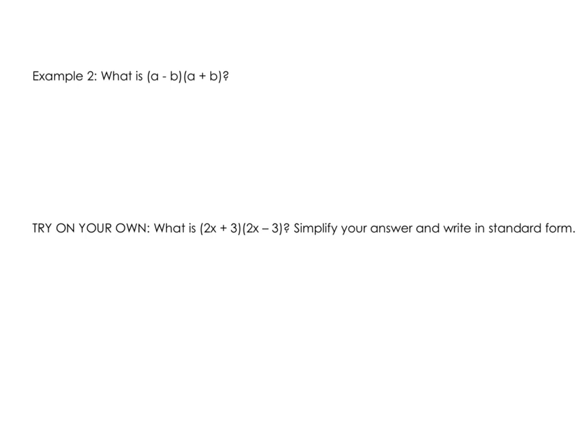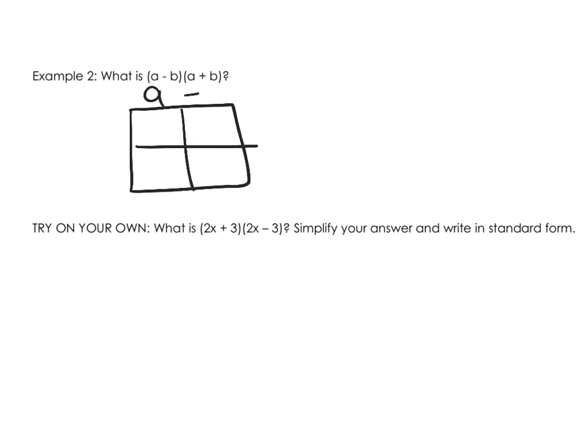So just like the last one, it's a 2 by 2, so I'm going to do the box method, 2 things times 2 things, an a minus b and an a plus b. So when I multiply these out, a times a is a squared. Negative b times a is a negative ab. A times b is a positive ab.